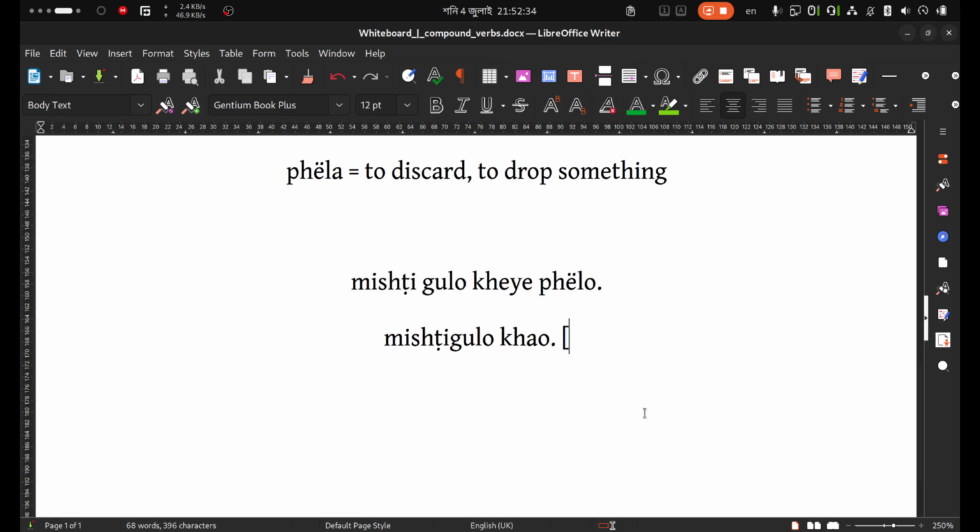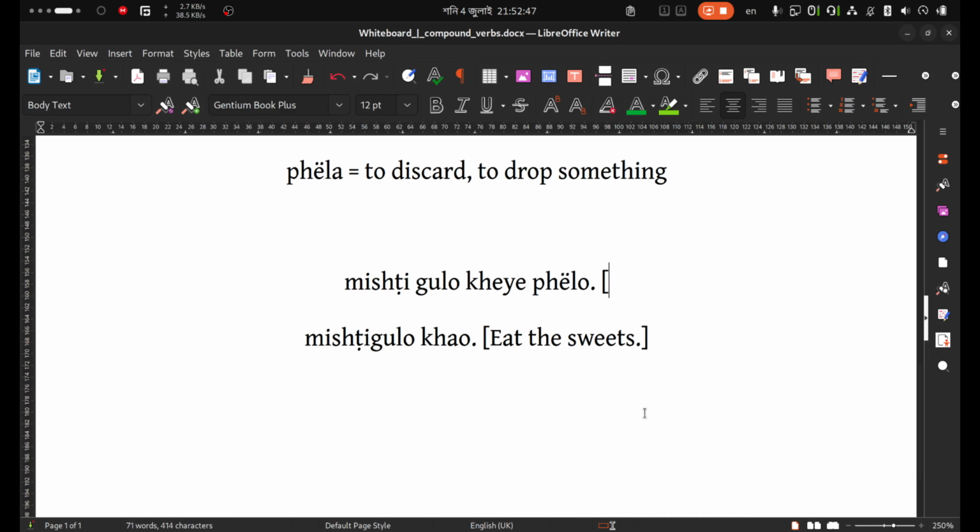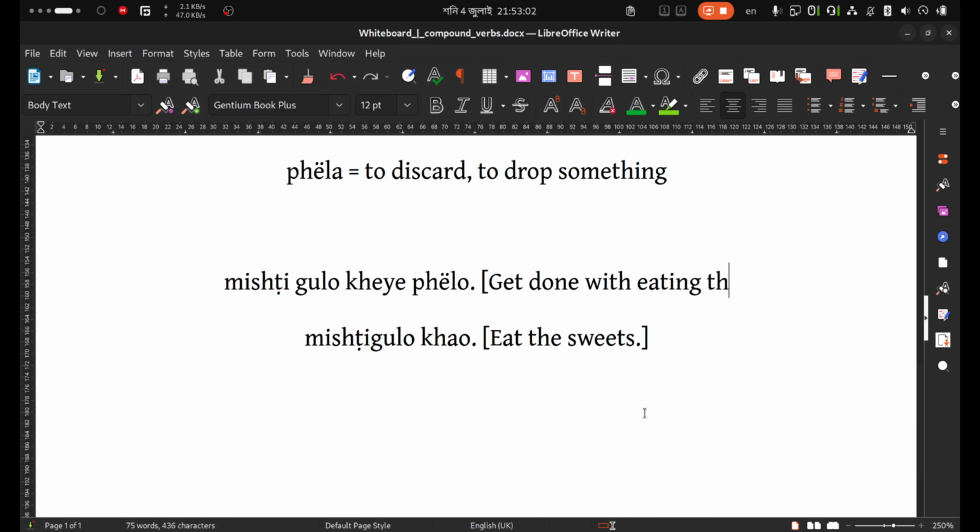In theory, the meaning would have been exactly the same: eat the sweets. But if you use the compound verb, it will add an extra nuance to the sentence. I could translate it like, get done with eating the sweets.